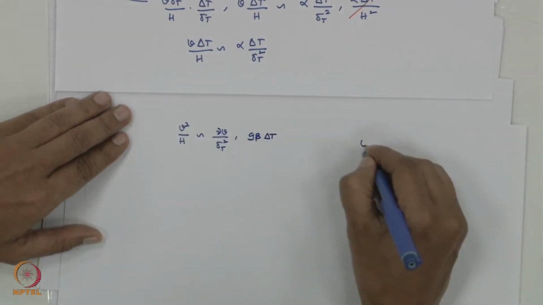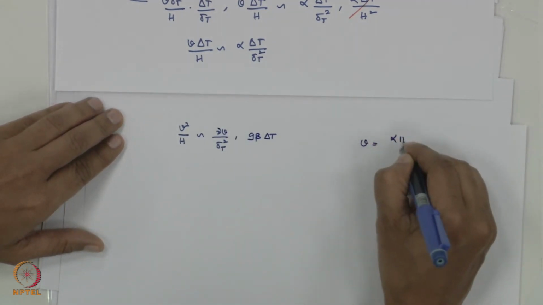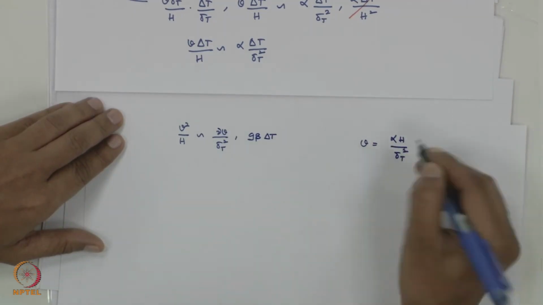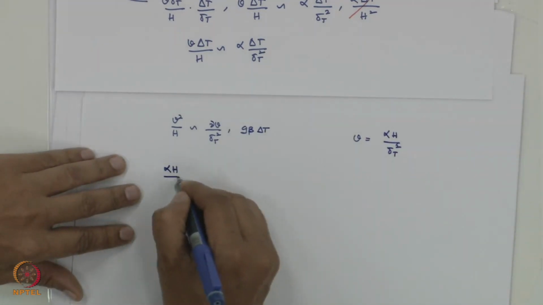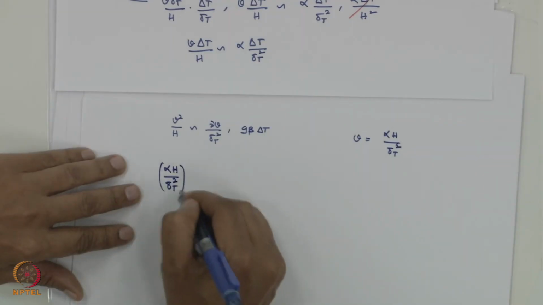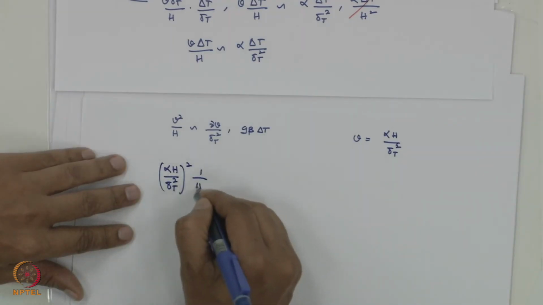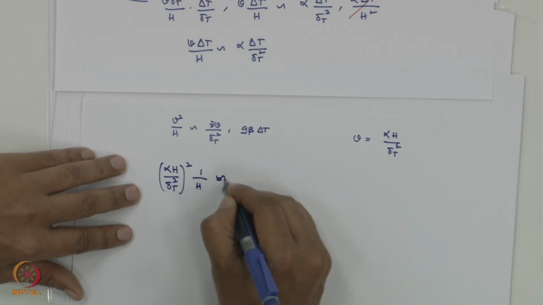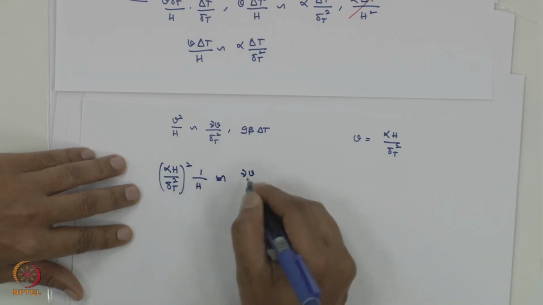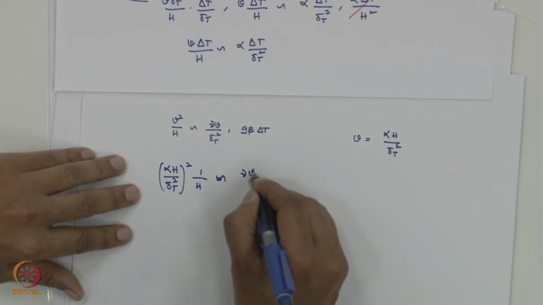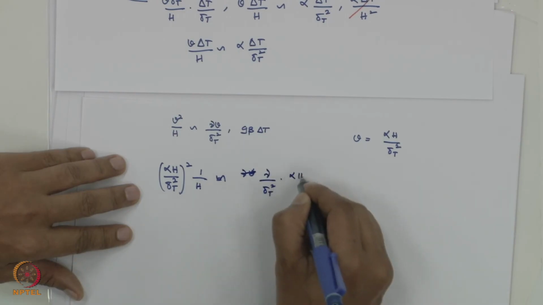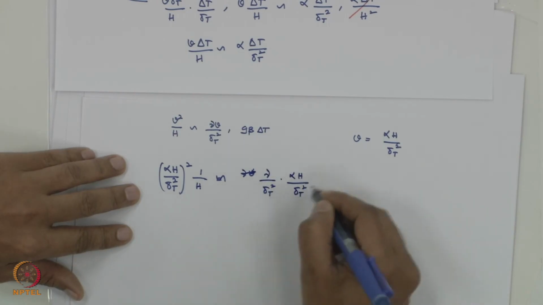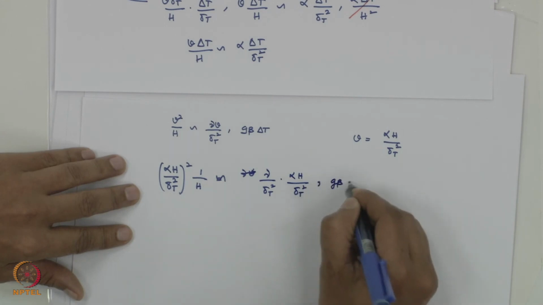Now I know v is equal to alpha h by delta t squared, just now I derived it. So if I substitute that, alpha h by delta t squared whole squared into 1 by h is of the order of nu by delta t squared, v is alpha h by delta t squared, comma g beta delta t.